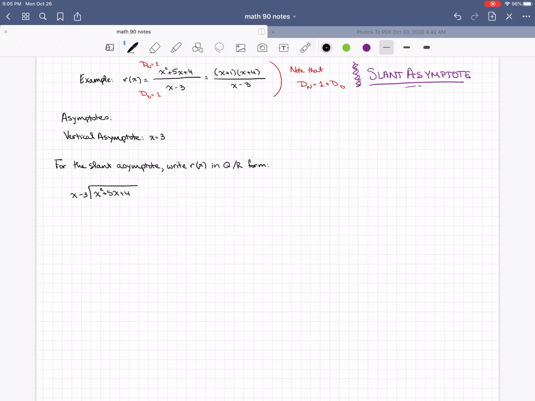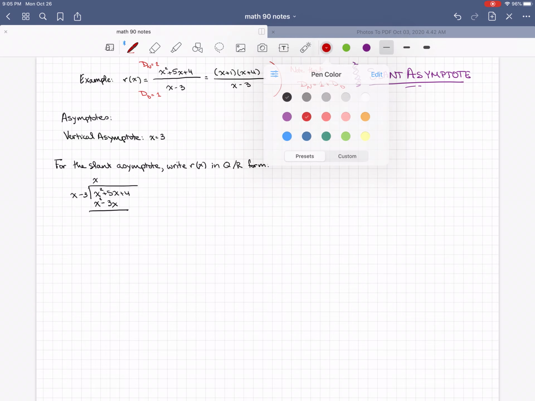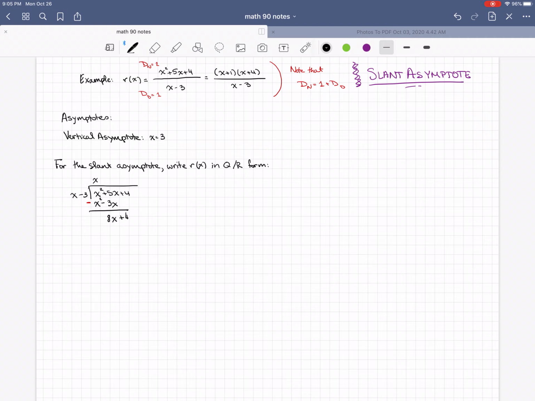Looking at the first terms, to get x squared, x must be multiplied by x. We distribute through, and then we subtract. Don't forget that we are subtracting and that negative has to get distributed through. So the x squareds cancel, but then you have 5x minus negative 3x, so you end up with 8x there, and then the plus 4 comes down.